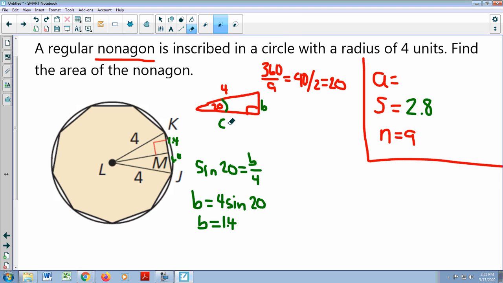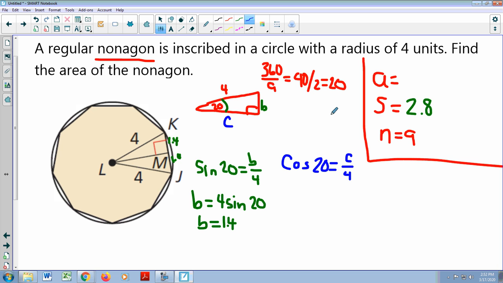What I'm going to do is I'm going to go like this. Now C is my adjacent, 4 is my hypotenuse, so I'm going to use cosine of 20 equals C over 4.